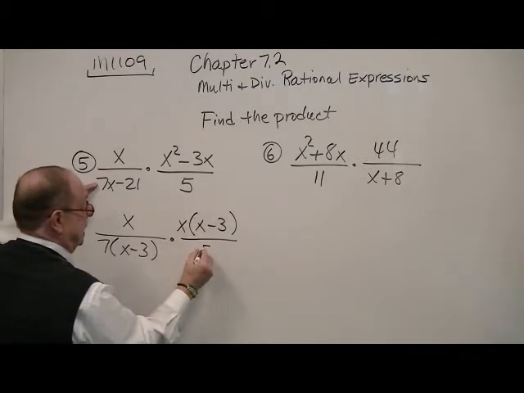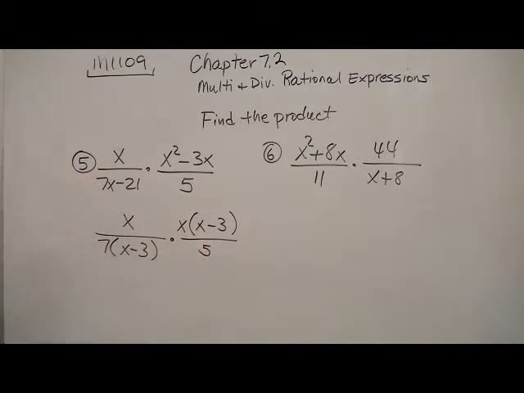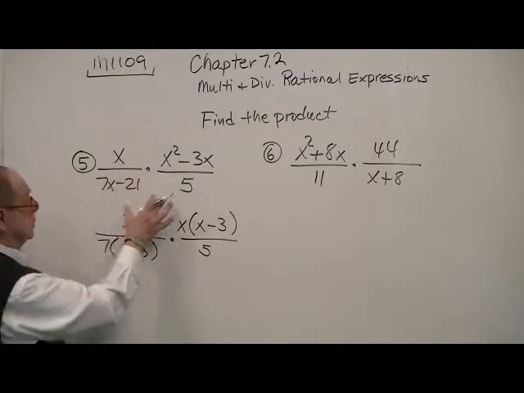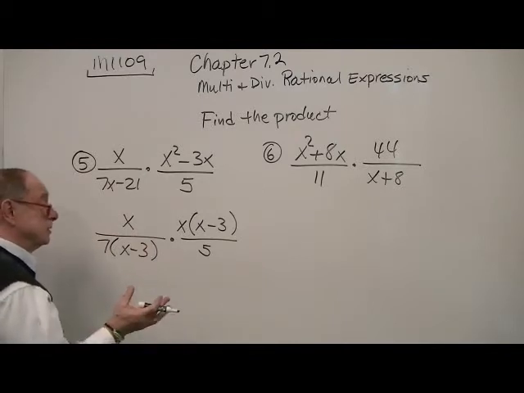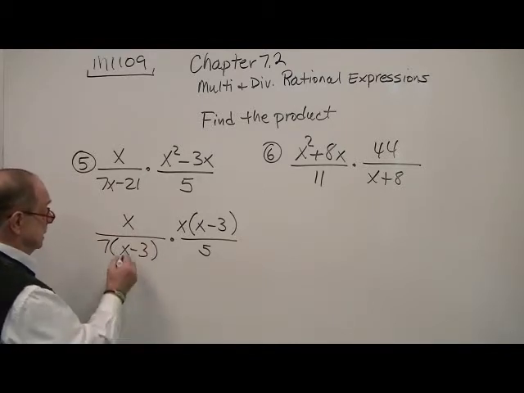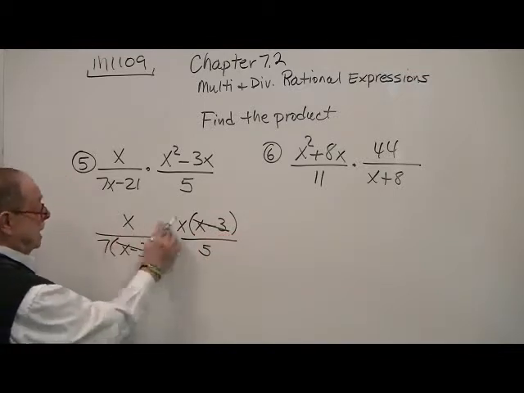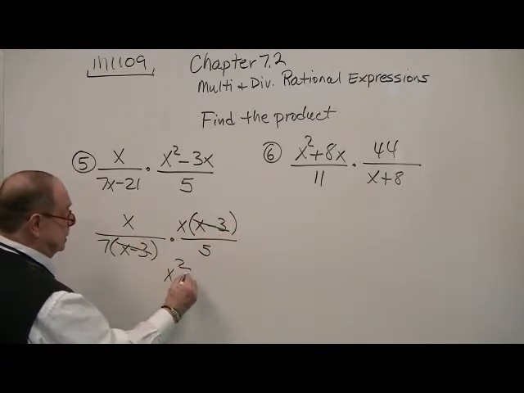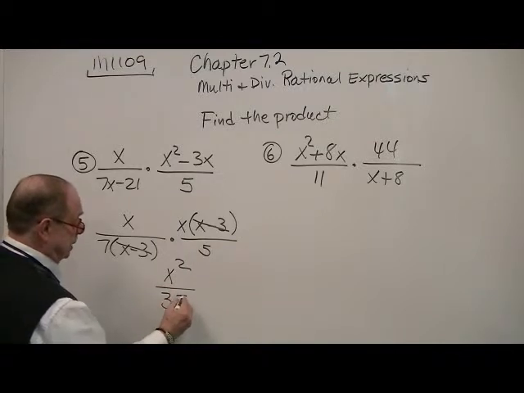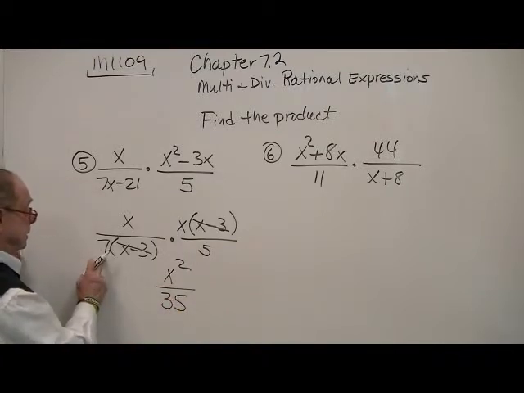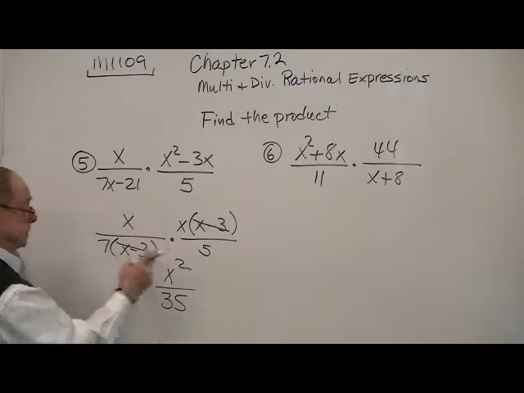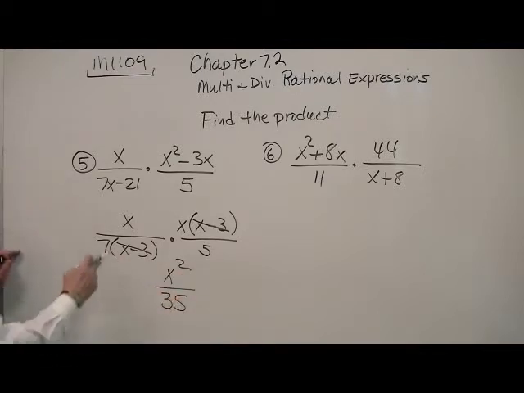And here I have a 5. So again, check your work. Be sure you've factored the best you can. These cancel out. And I have here then x squared over 35. 5 times 7, 7 times 5, 35. x times x, x squared.